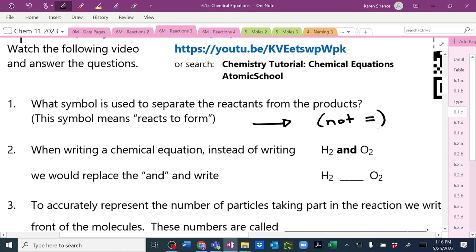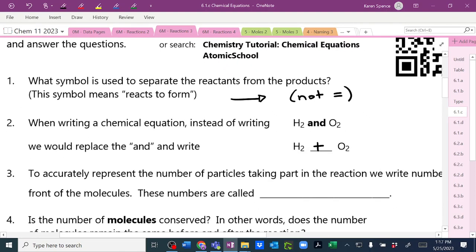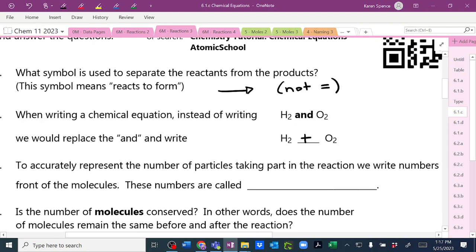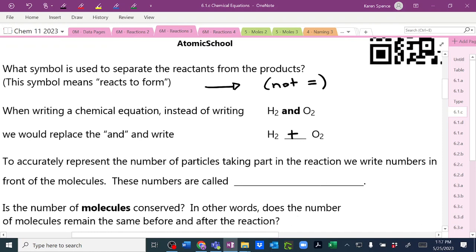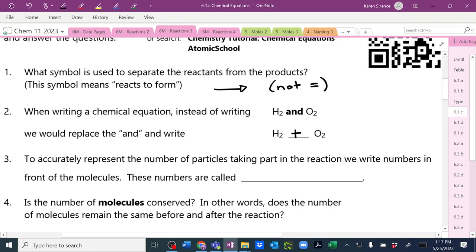Now, when we're writing a chemical equation, instead of writing H2 and O2, we would replace the "and" and write a plus. Excellent. To accurately represent the number of particles taking place in a reaction, we write numbers in front of the molecules. What do we call those numbers? Coefficients.